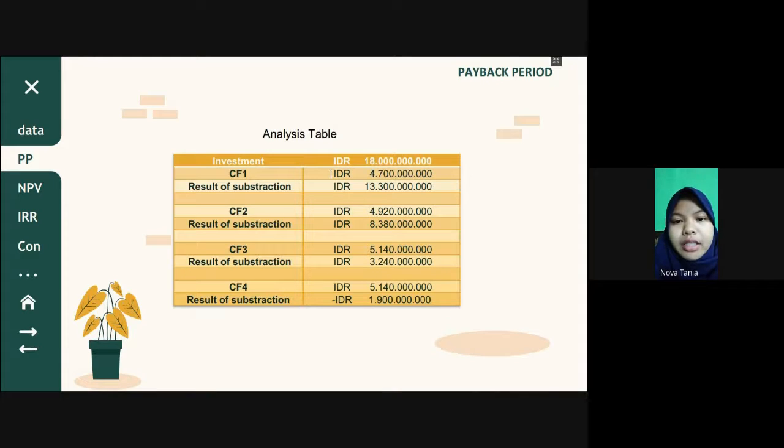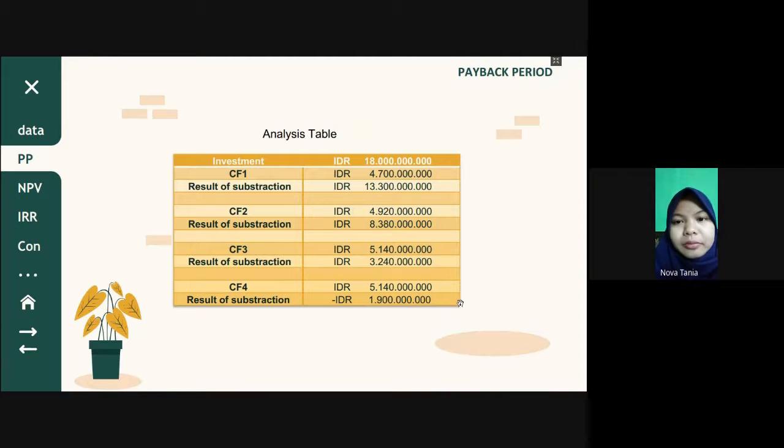So we have the result of subtraction is 13,3 billion rupiah. And then so on until we have the result of subtraction in the 4th year is negative. It means in the cash flow in the 4th year, the capital has been recovered.